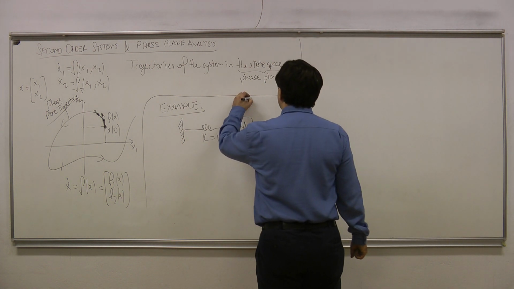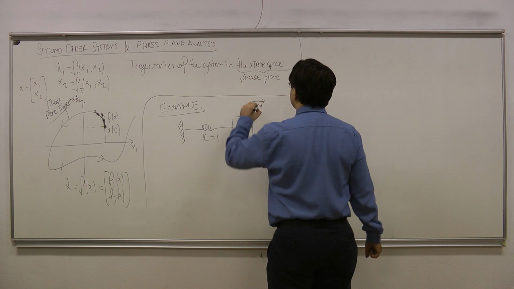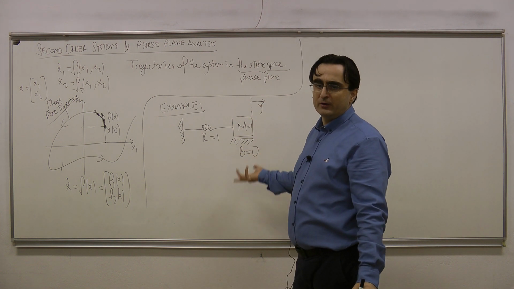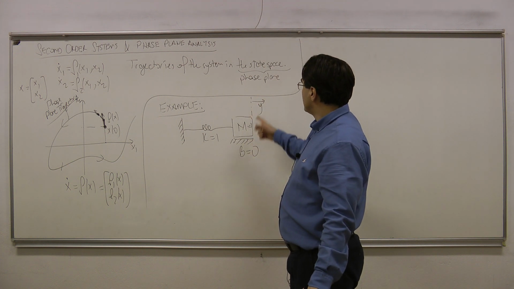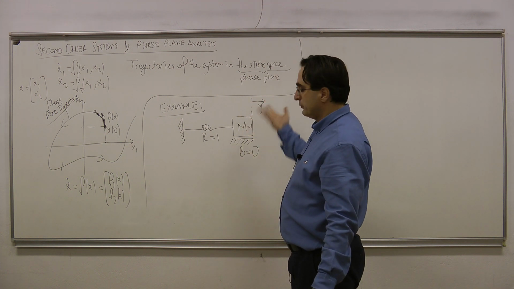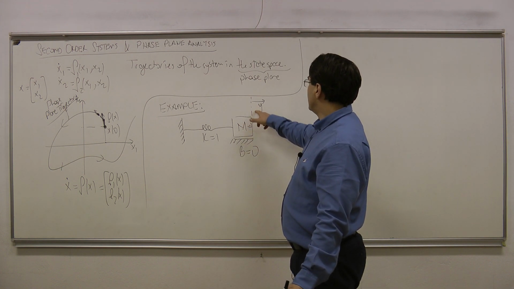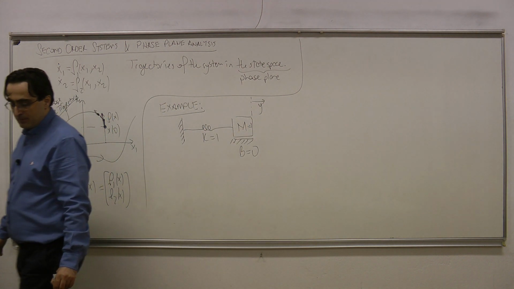And let me say that the displacement variable from the equilibrium is here called y. I'm calling it y because I'm going to define a state variable with the notation x here. So I don't want the displacement to be confused with my state vector. So that is why I define the displacement variable as y here.